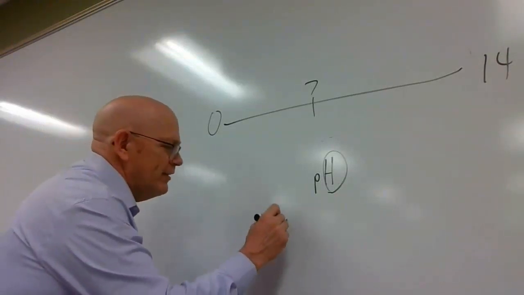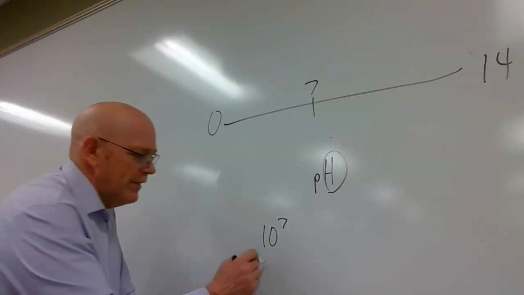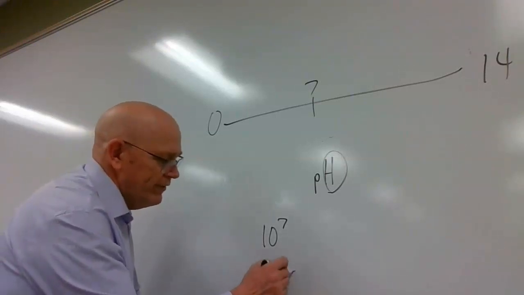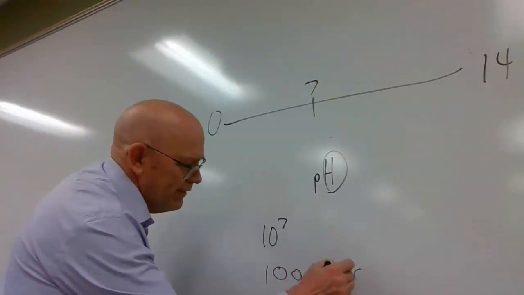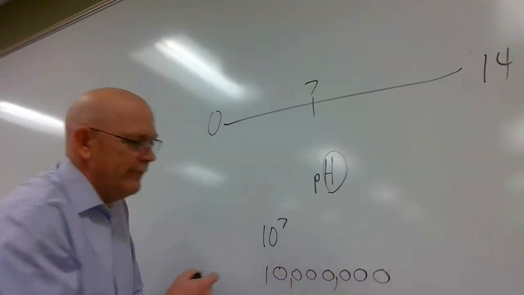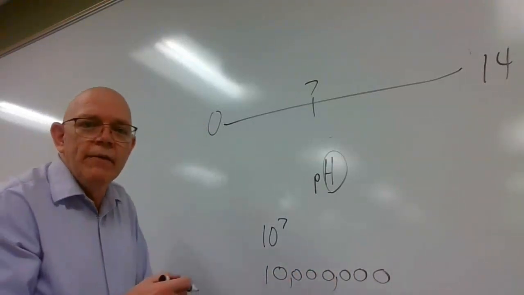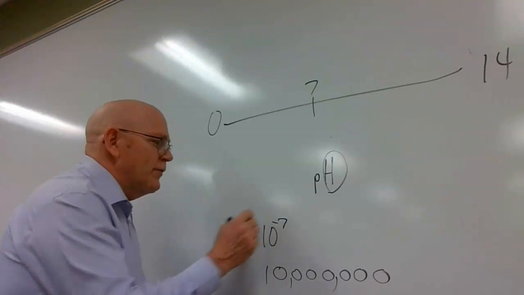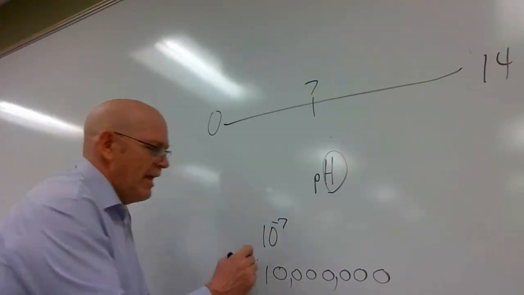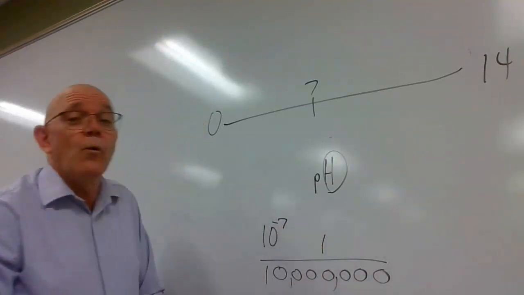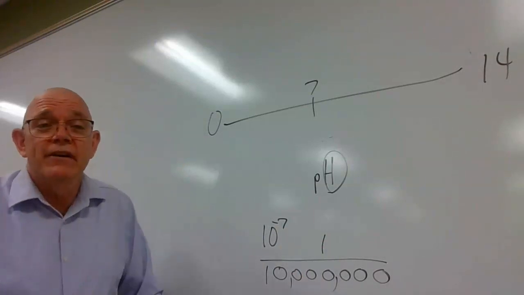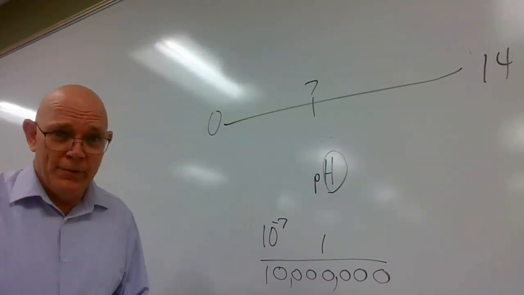If you have something that's 10 to the 7th, that would be 1 with 7 zeros after it. Ten million, just for the record. Now, 10 to the negative 7th would be 1 over 10 million, a very, very small number.